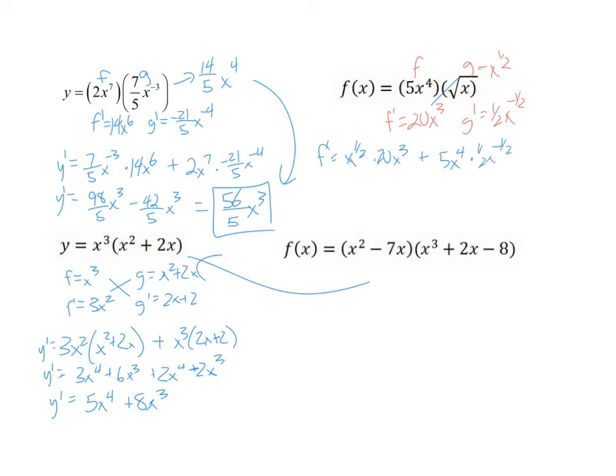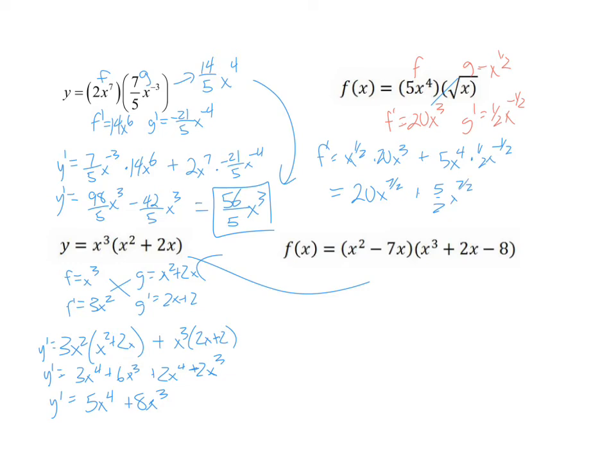So let's simplify that a little bit. We would get 20x to the 7/2 if we add those two fractions together. Oops, let's fix that a little bit. So 20x to the 7/2, and then the second one would be 5/2 x to the 7/2 again.